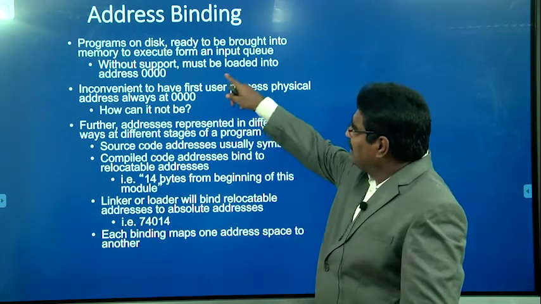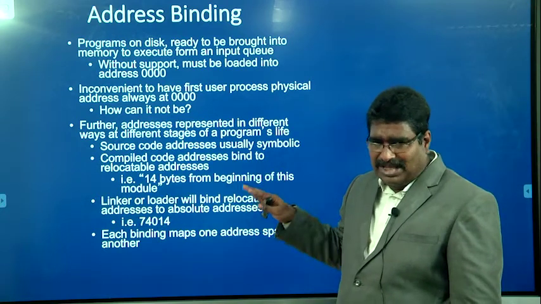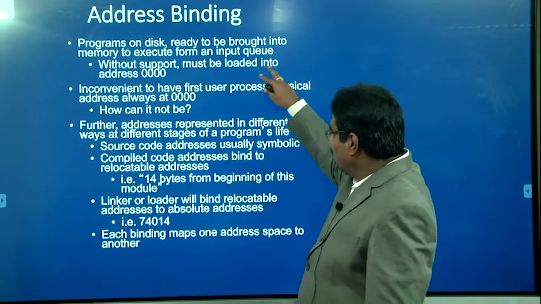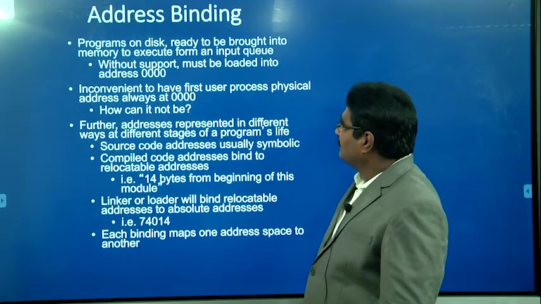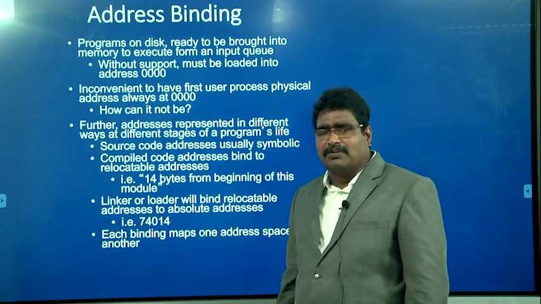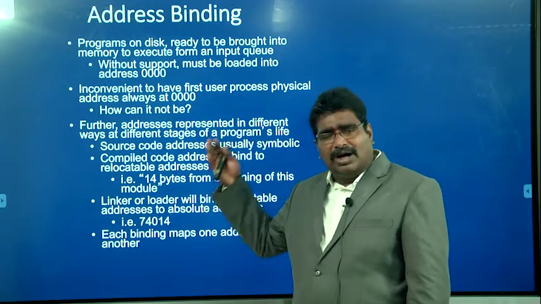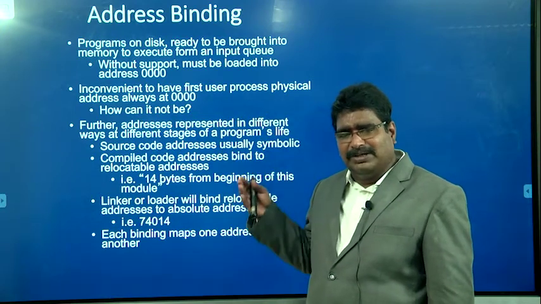So the statement explains that programs on a disk, available in the secondary memory, are ready to be brought into memory to execute from an input queue. Without support, the program must be loaded into the address; we are assuming the program is loaded at the beginning of the primary memory. But is it possible to load at the beginning of the primary memory?